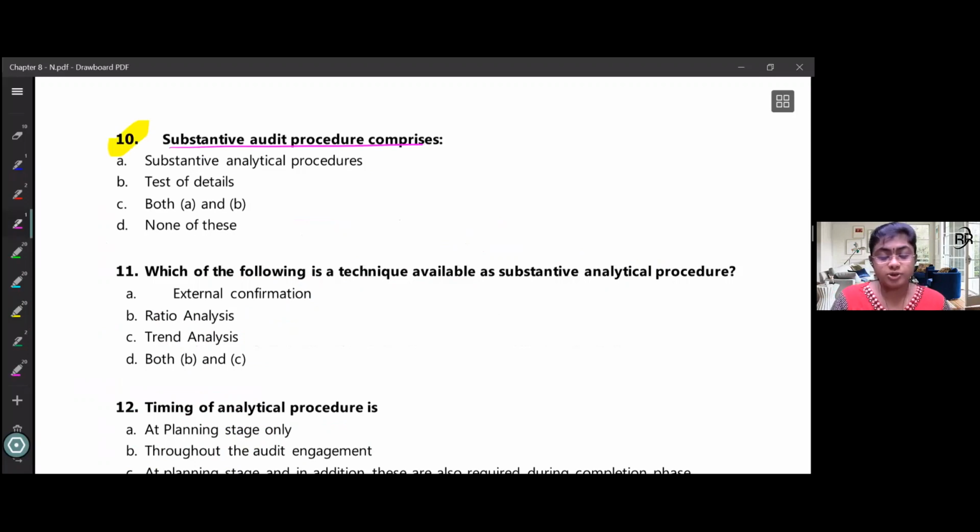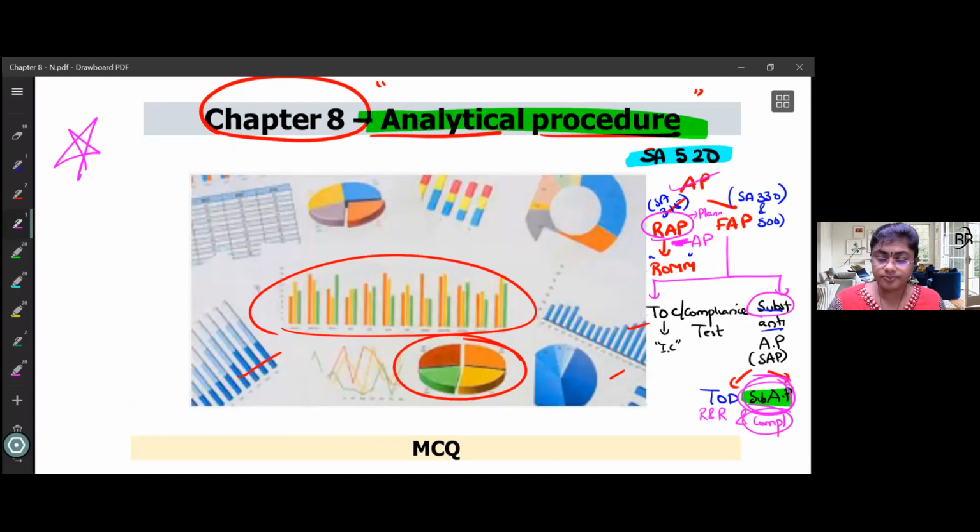Substantive audit procedure comprises of: substantive analytical, TOD, both, none. Do you remember when we started off this discussion, I gave you a chart, no? This one.